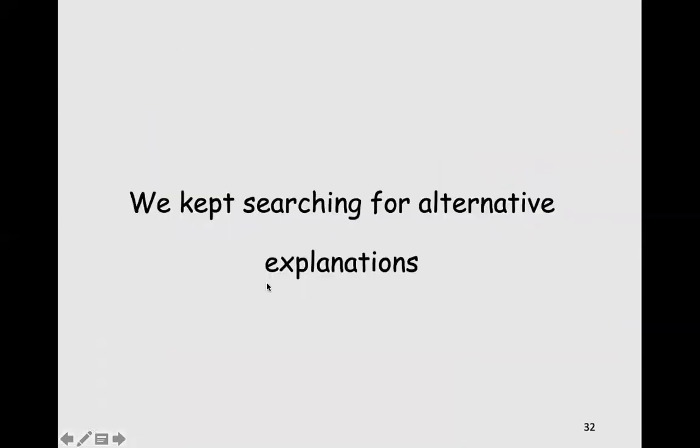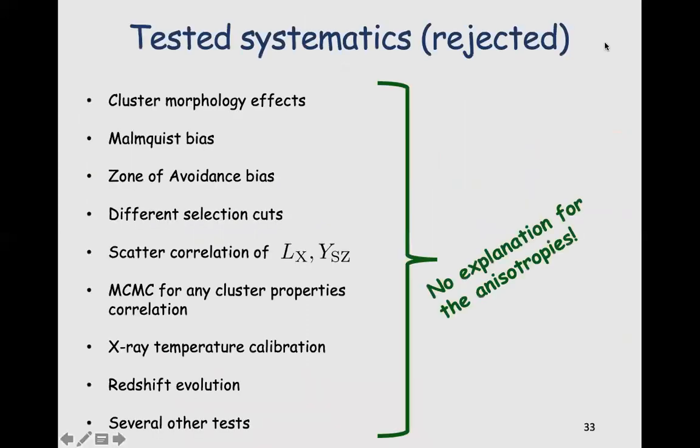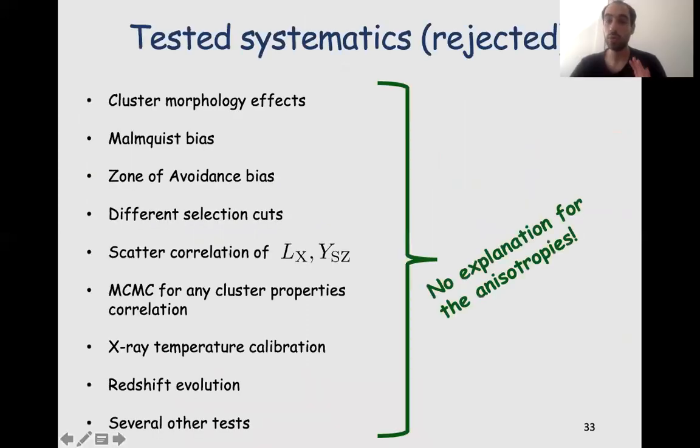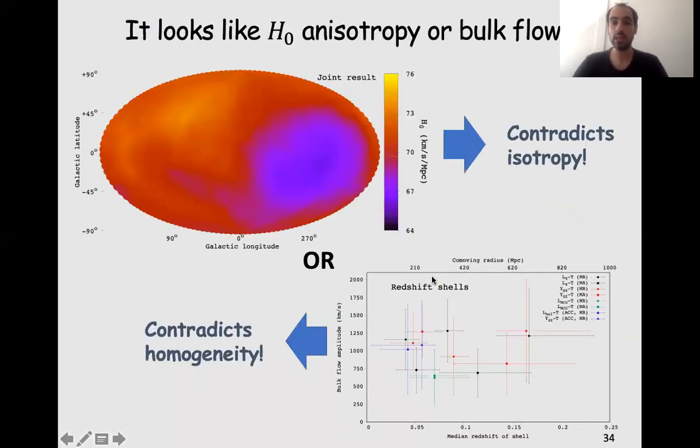We have gone through a very long list of possible systematics that could create these results. I'm not going to bore you with them, but I just list them here, some of them at least. Whatever we could think of and whatever the community has suggested to us, we tested, but we found no explanation for the obtained anisotropies. So for now, at least, it does look like an anisotropy in the local H0 might exist, or alternatively, a large bulk flow motion.